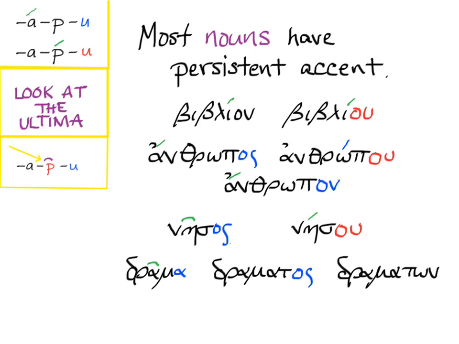So it persists in the same place, but it has an acute accent, which doesn't violate the rules for accent that you've learned. When it becomes dramatōn, of the dramas though, the last syllable is now long, so the poor accent can't hold out any longer on that first alpha, and it gets pulled as an acute to the second to last syllable.